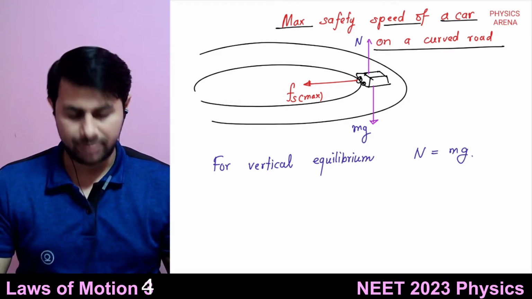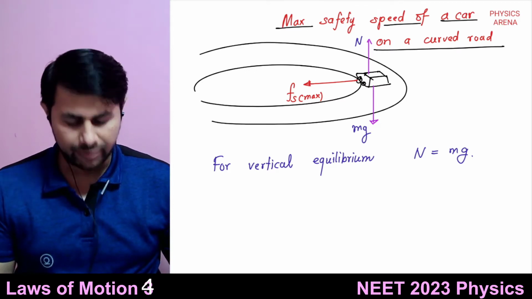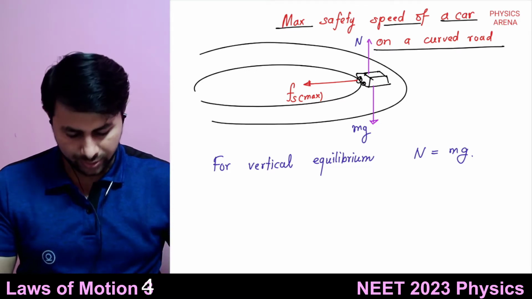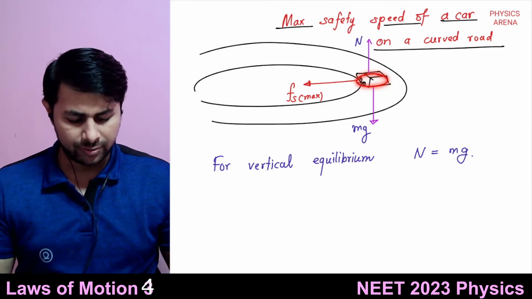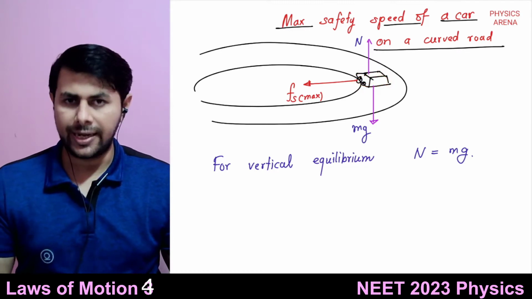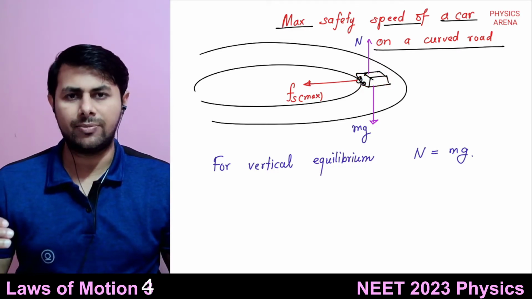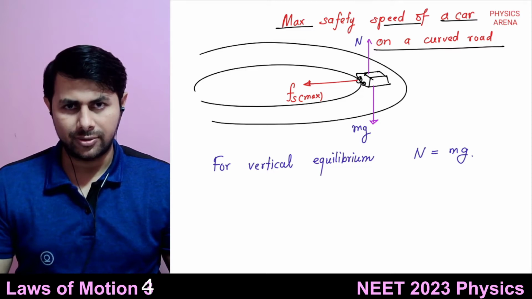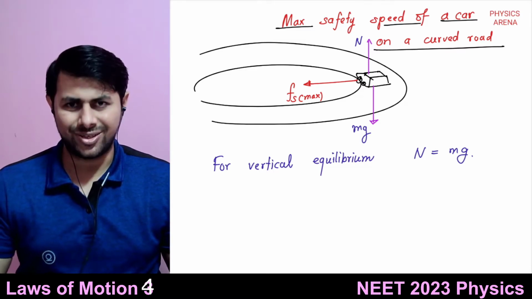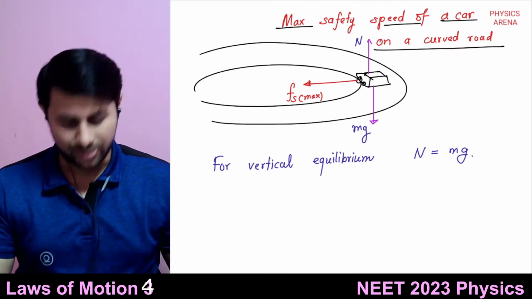N is equal to mg. And in the horizontal direction, actually not equilibrium, there is an acceleration and it is provided by the frictional force.